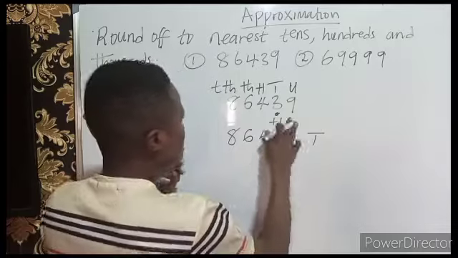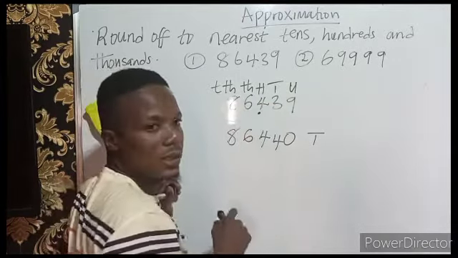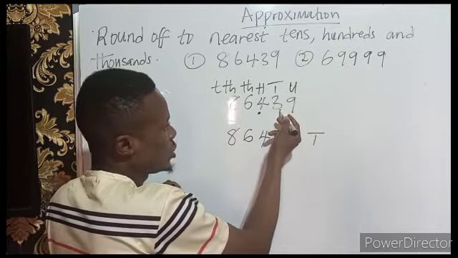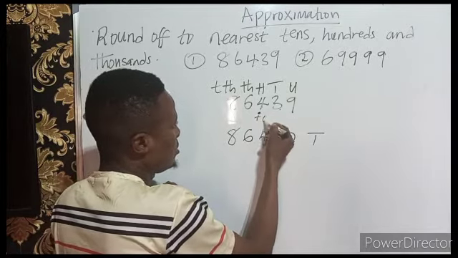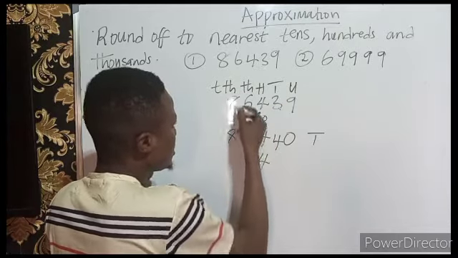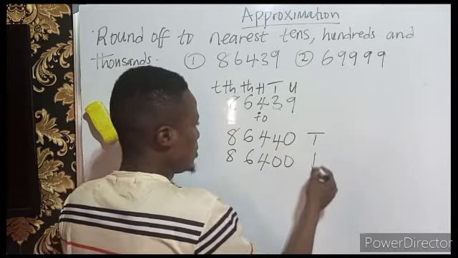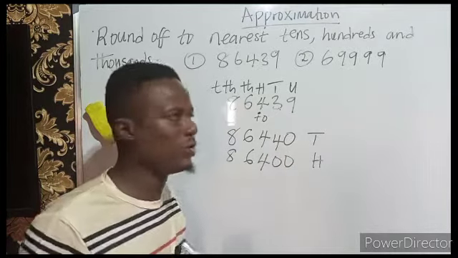For the nearest 100, 100 is above 4, so this is our target. And the number next to it is not up to 5, so you are adding 0. When I add 0 to 4, it will still be 4. I'll bring down 6, bring down 8. Every other number will turn to 0. This is the value to the nearest 100.